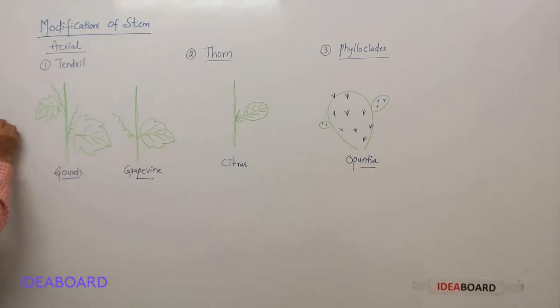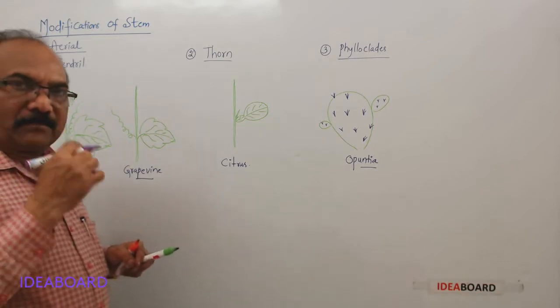A slender, coiled, sensitive structure that helps in the climbing of the plant. Which plants? Weak stemmed plants.